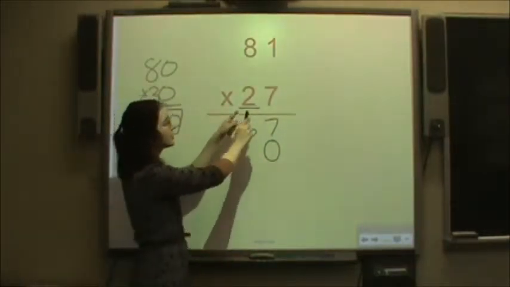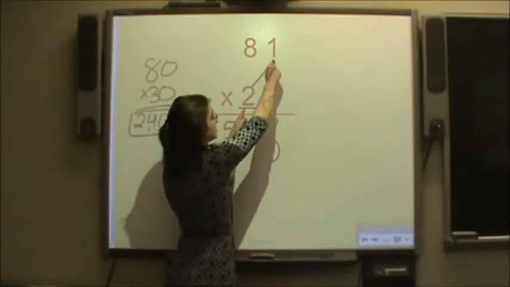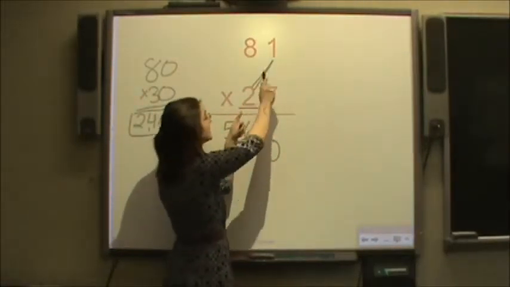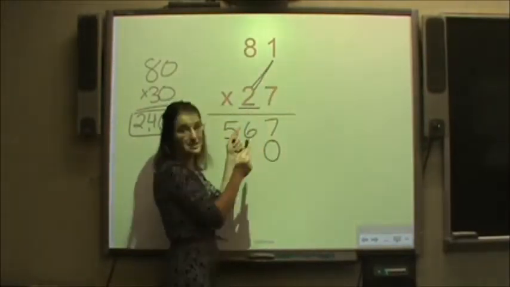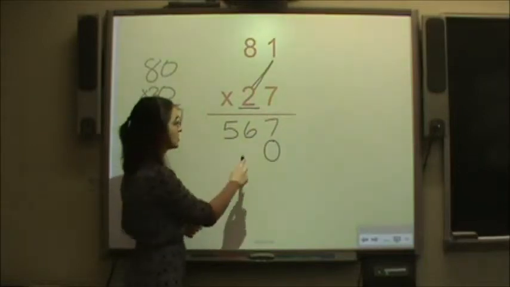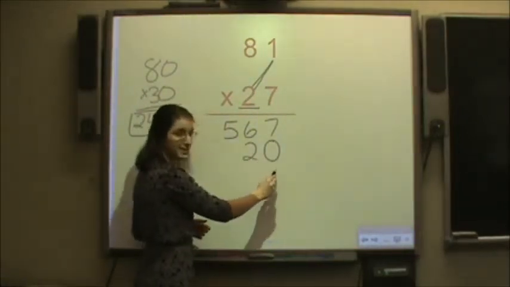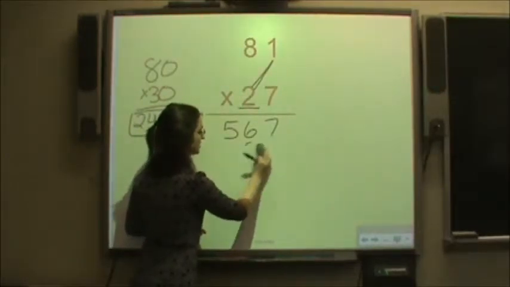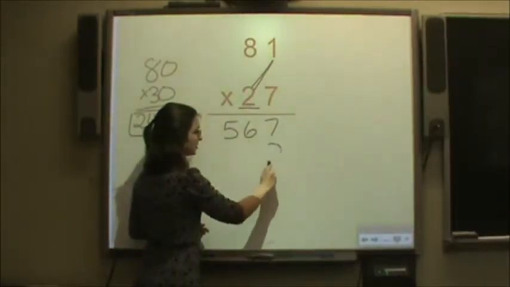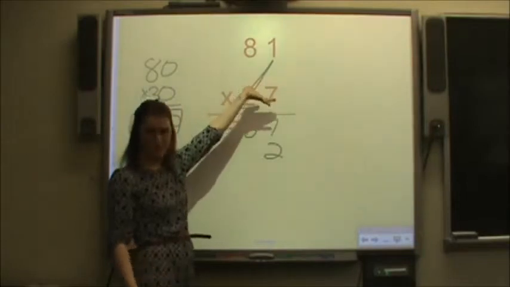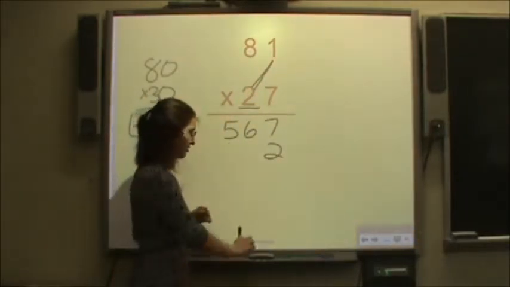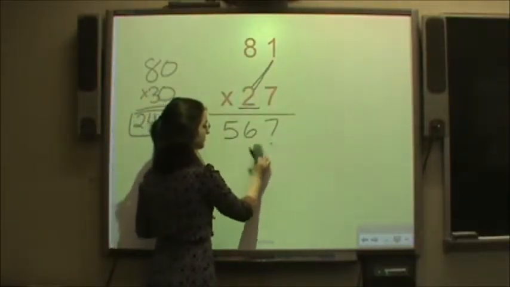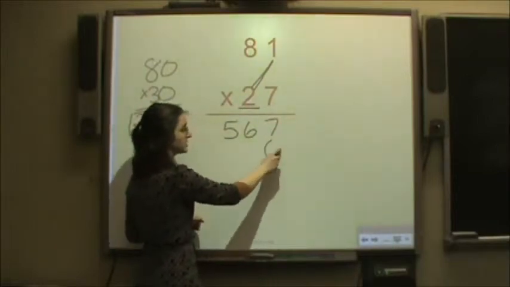So what I'm really saying when I multiply these two numbers is 20 times 1. Well, 20 times 1 is 20. So there's my 20. If I hadn't put that 0 here, and I had just written my 2, that would say that 20 times 1 is 2, and that's not true at all. We don't want to do that. So we have to put our placeholder 0.